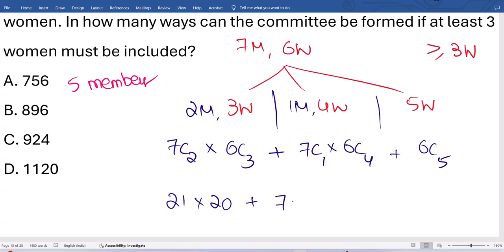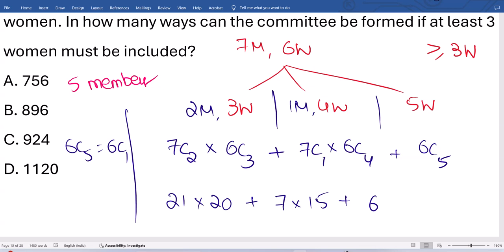7C1 is anyhow 7. 6C4 and 6C2 both are equal. It's nothing but 15. So 105, plus 6C5. See guys, 6C5 and 6C1 are both equal. Why? Listen. 6 people are attending an interview and I have to select 5 people.